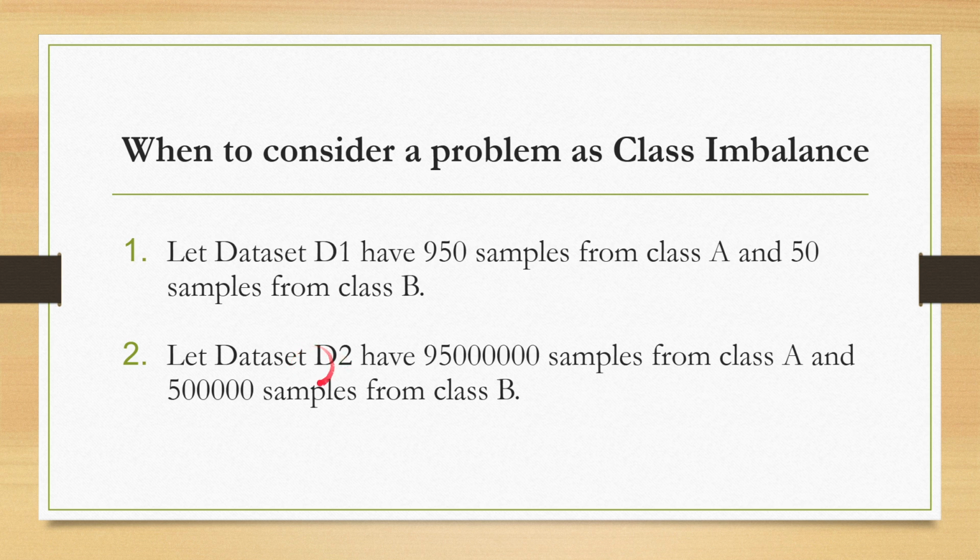There will be a little effect because there is a huge variation between the class A number of samples and the class B number of samples. The model will have a certain effect, but not as huge as for this one.